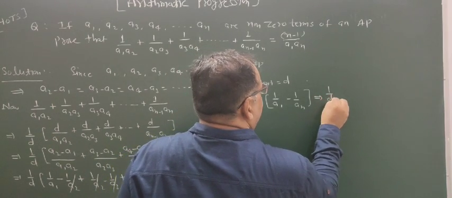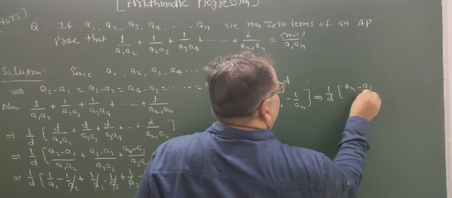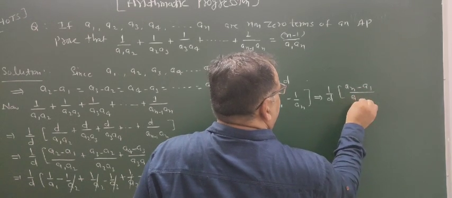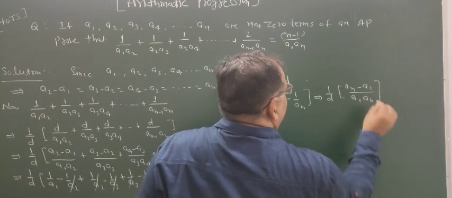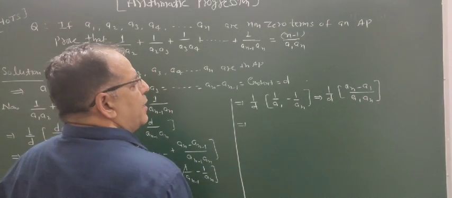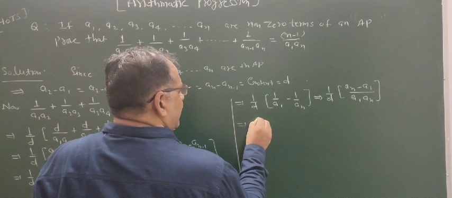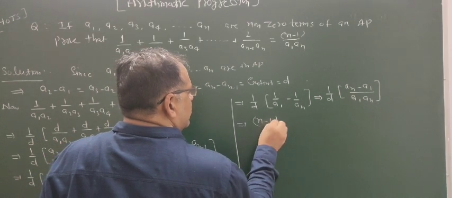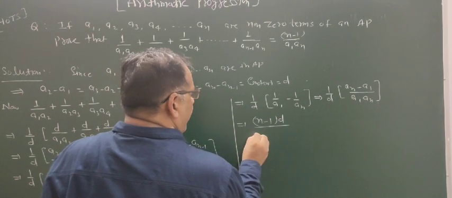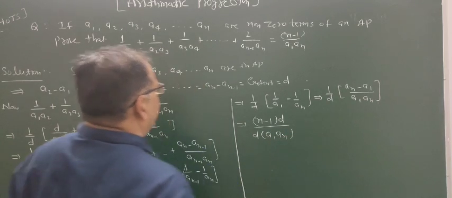So 1 upon d, inside the bracket an minus a1 upon a1 an. And next, an minus a1 can be replaced by n minus 1 into d upon d a1 an.